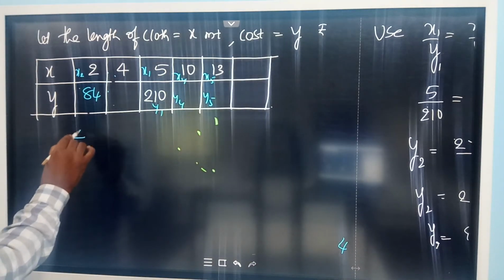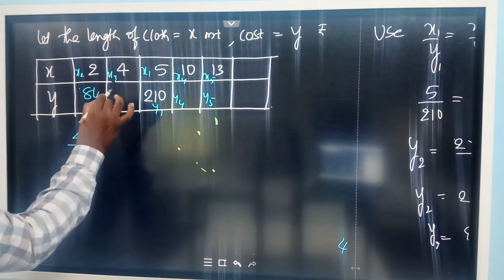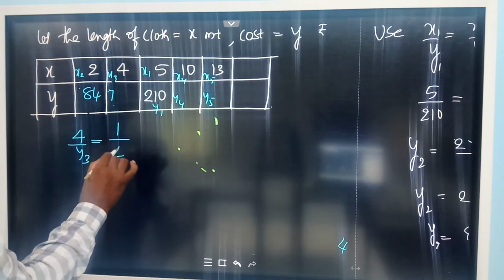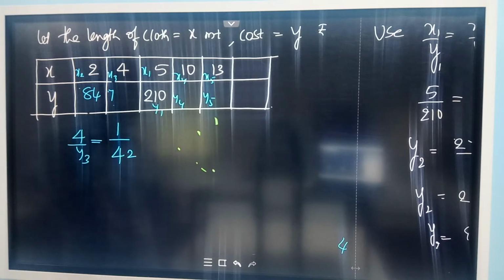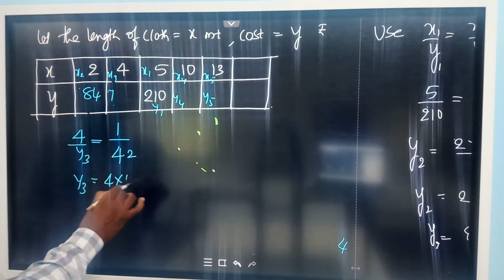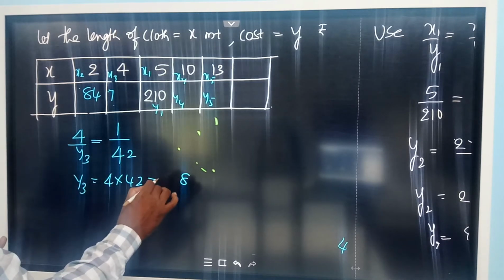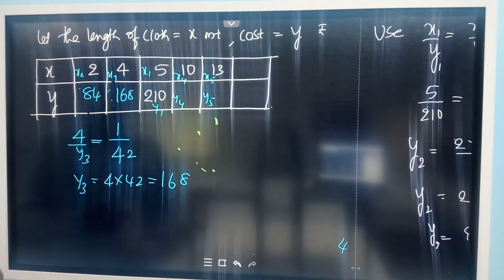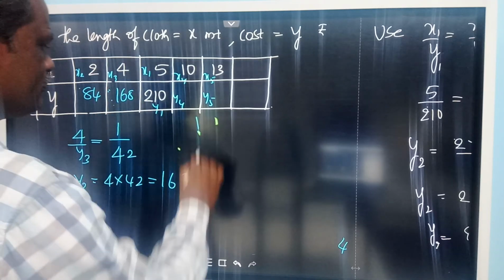See, this is x3, y3, and it is equal to 1 by 42, isn't it? So y3 is equal to 4 into 42. 4 2s are 8, 4 4s are 16, 168. Similarly, what is y4?